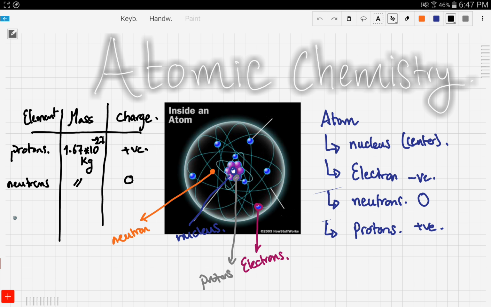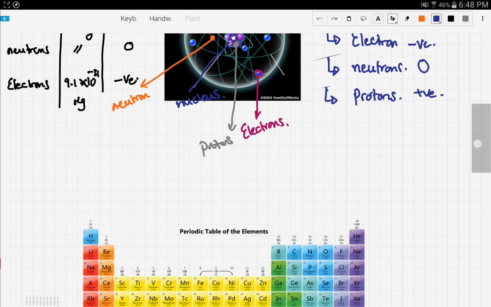Now finally, let's talk about electrons. Electrons have a mass of 9.1 times 10 to the negative 31 kilograms, and as we mentioned, they have a negative charge. Now, how do we apply this to chemistry, and how do we apply this to elements in the periodic table?